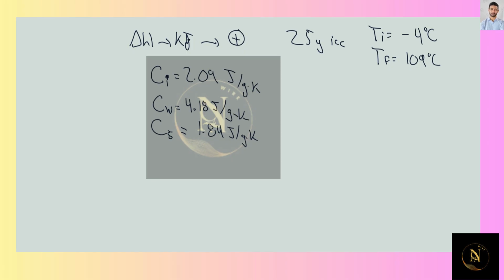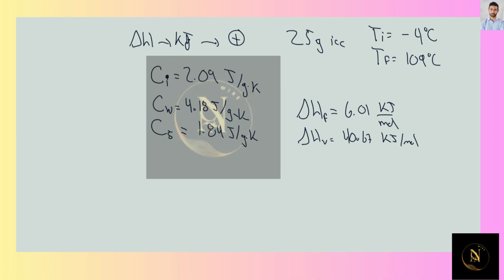Other information that we have is that the enthalpy of fusion of water is equal to 6.01 kilojoules per mole, and the enthalpy of vaporization of water is going to be equal to 40.67 kilojoules per mole.